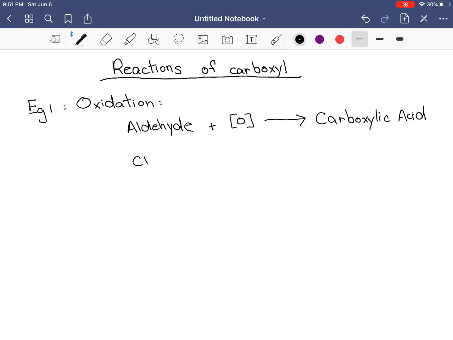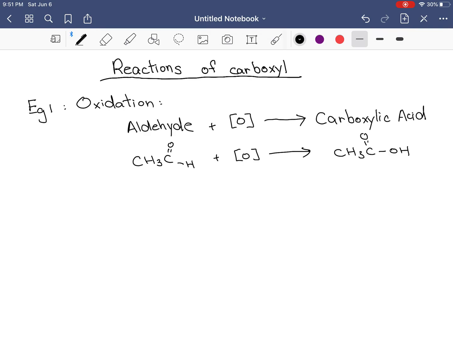Now, for this reaction, let's take a look at some examples. So what I have here is ethanol. By oxidizing ethanol, what you're going to get is a carboxylic acid, ethanoic acid.